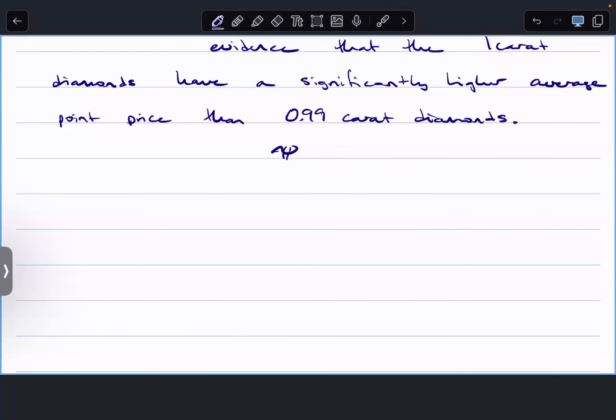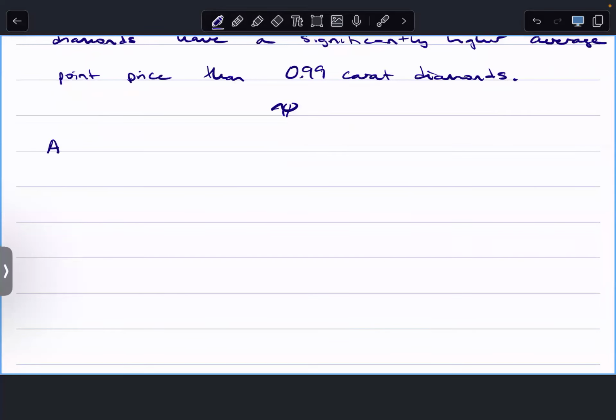We'll do a little twiddle thing. But a reasonable follow-up question would be, how much more expensive are they, our 1 carat diamonds?